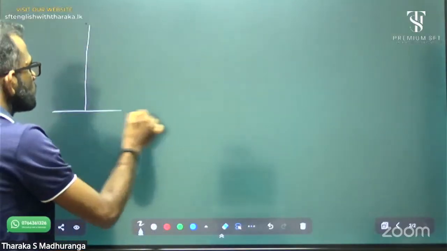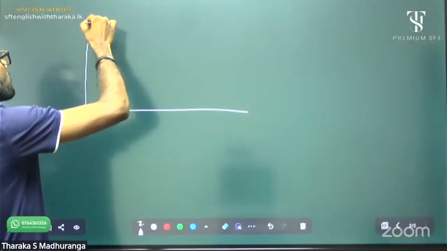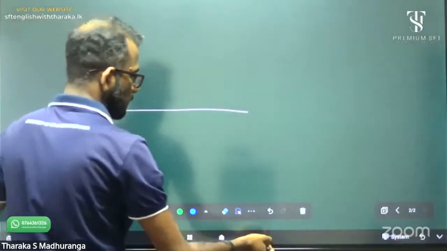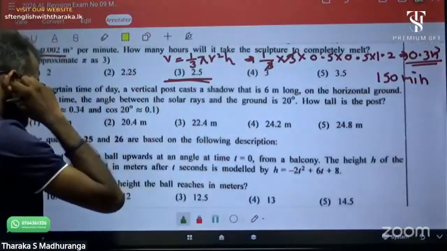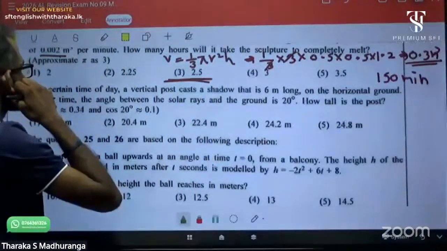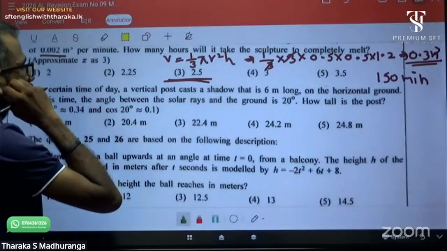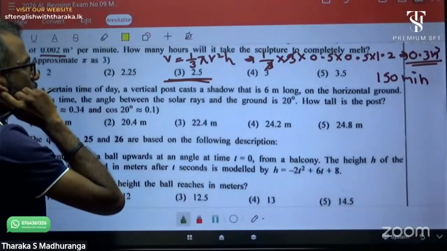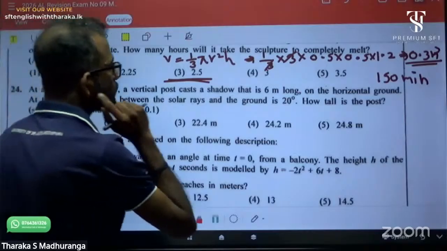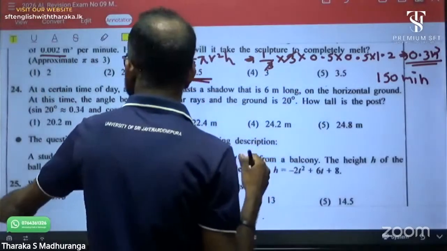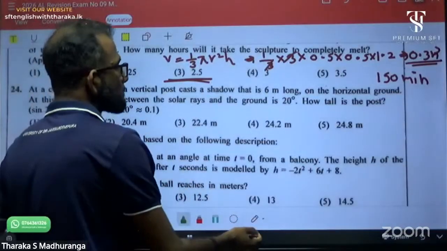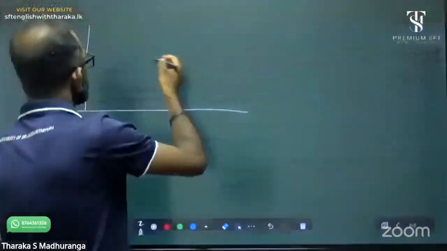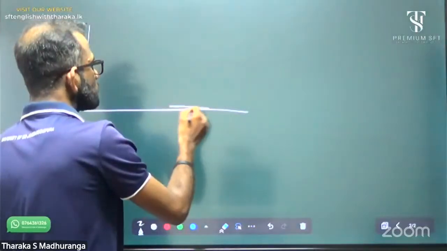Now, there is a tower and there is a ground level. Think this is the shadow.